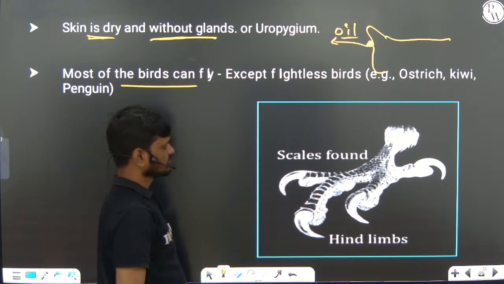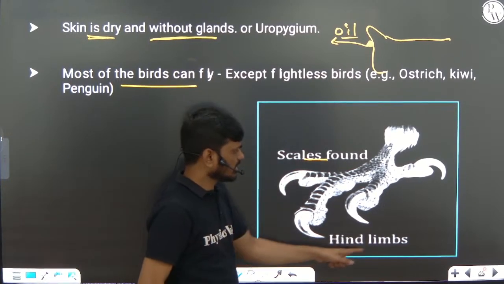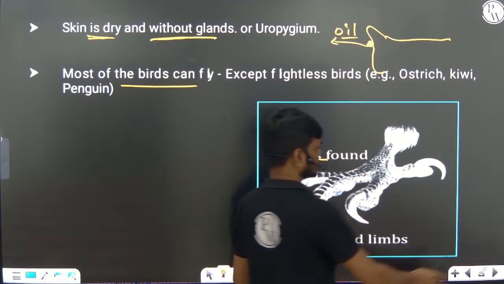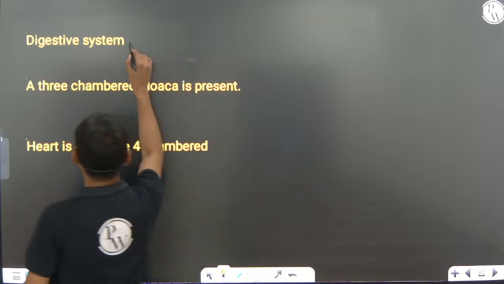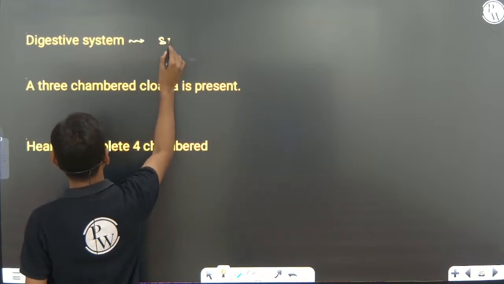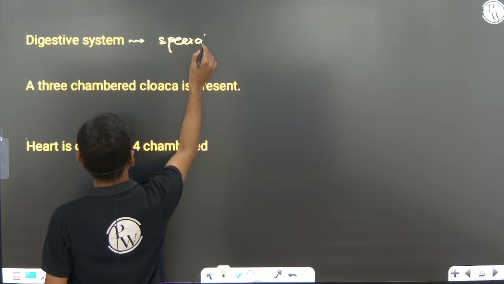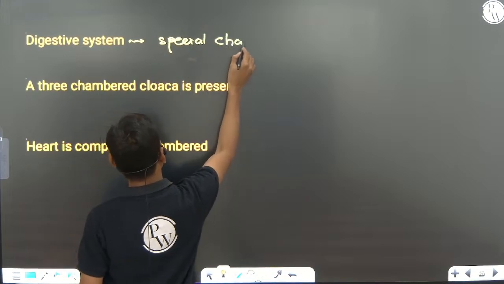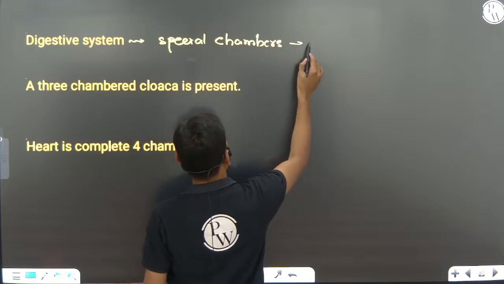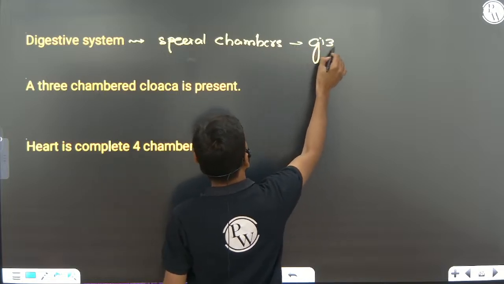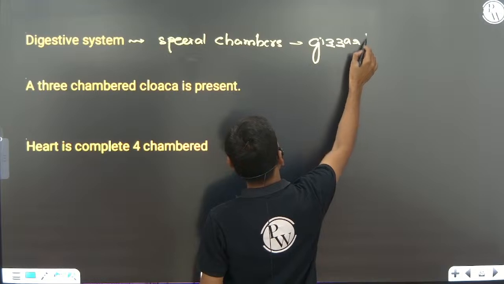Scales are found on the hind limbs, which I explained. Digestive system, very important, contains special chambers, like gizzard and crop.